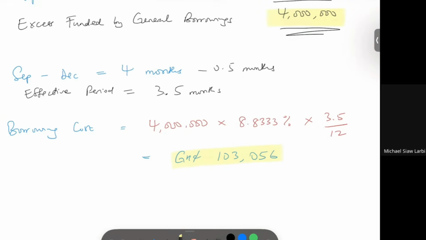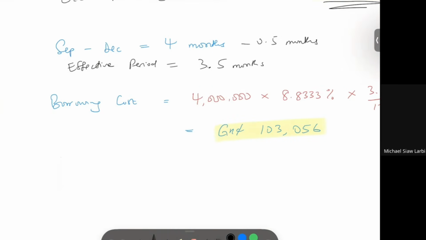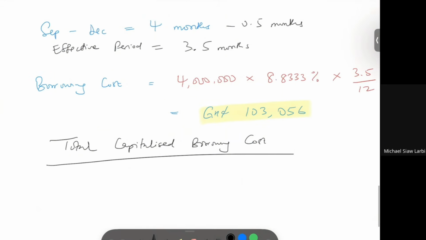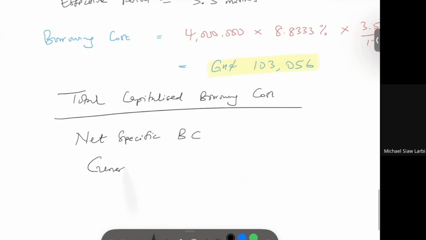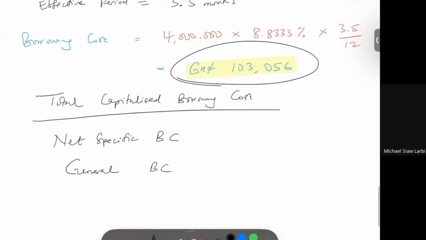So let's find our total capitalized borrowing cost. It will be the borrowing cost from the specific and the general. So our net specific borrowing cost and then our general borrowing cost. For general borrowing cost, we just got it here, so we'll put that figure here: 103,056.